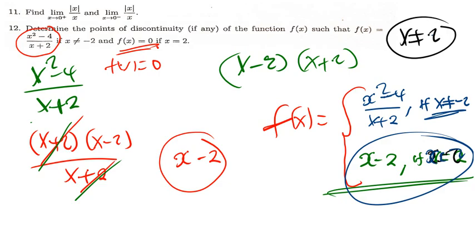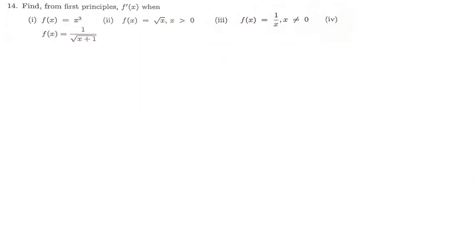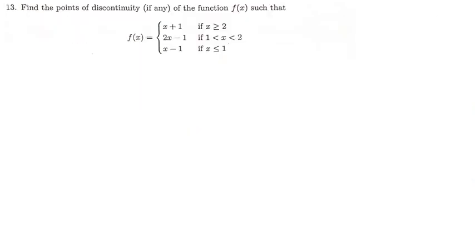If they ask you to make this function defined, you put it this way. If they ask you to determine the points, you can put it this way, or you can just say the only point where it's going to be discontinuous is at x equal to -2. Does that make sense?